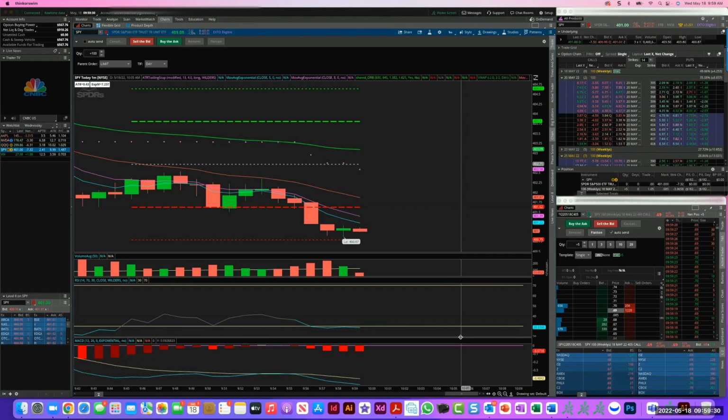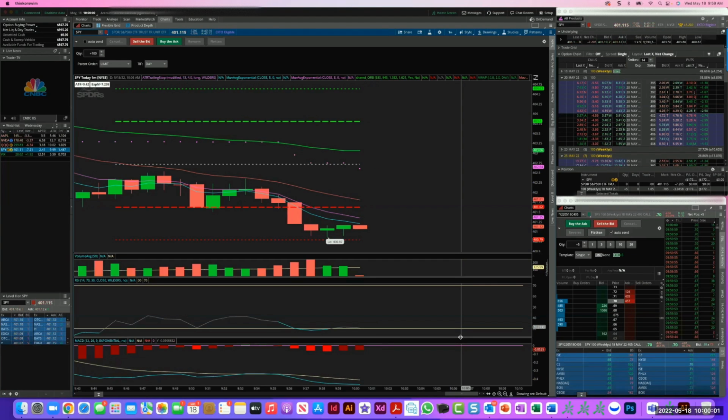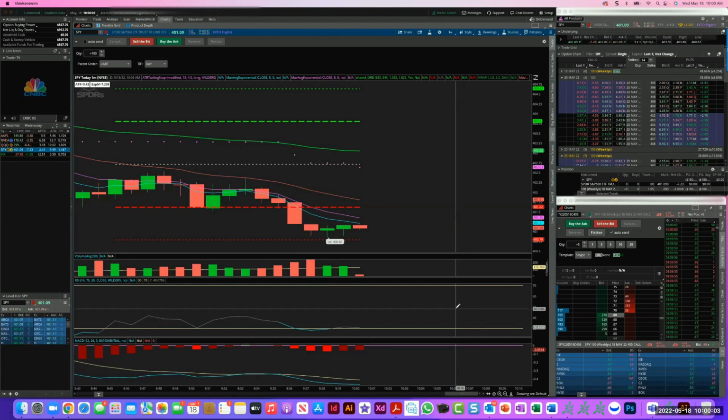Again, watching that 28.31 level. Lots of things at session lows in the market today. $28.02 is where the VIX is currently. At least that was the high. It's now at 27.78.